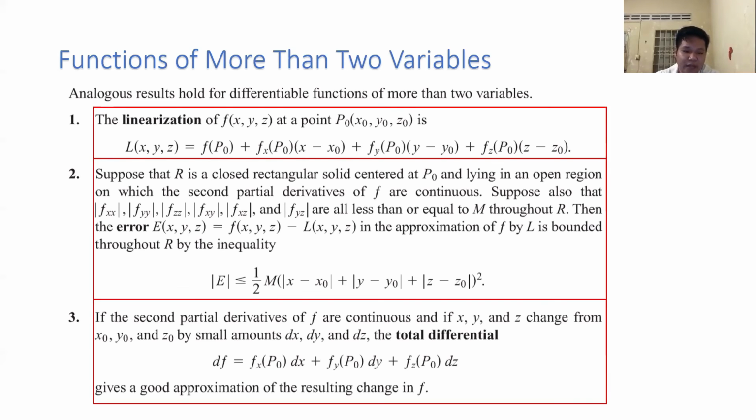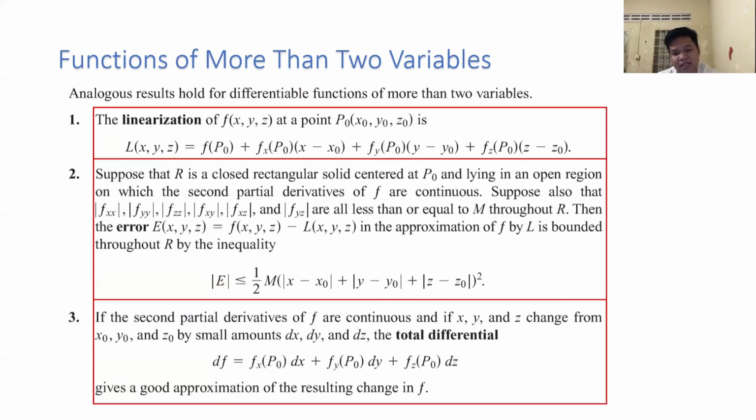Suppose also that f sub xx, f sub xy, f sub xz, f sub yy, f sub yz, and f sub zz are all less than or equal to M throughout the region R. Then the error E equal to f(x, y, z) minus L(x, y, z) in the approximation of f by L is bounded throughout R by the inequality: the absolute value of E is less than or equal to 1/2 M multiplied by the sum of the absolute value of x minus x sub 0, plus the absolute value of y minus y sub 0, plus the absolute value of z minus z sub 0, all squared.